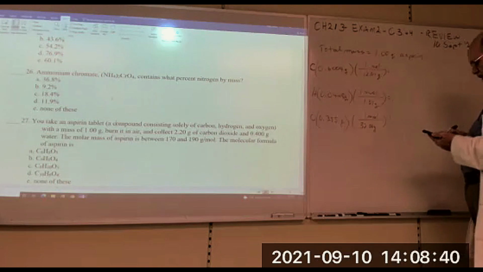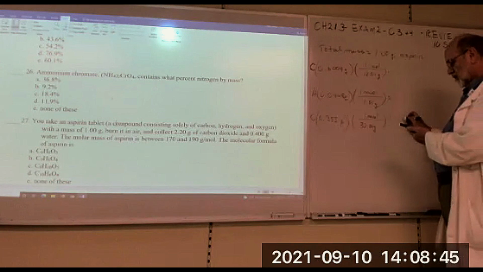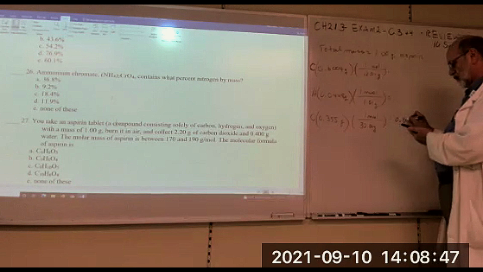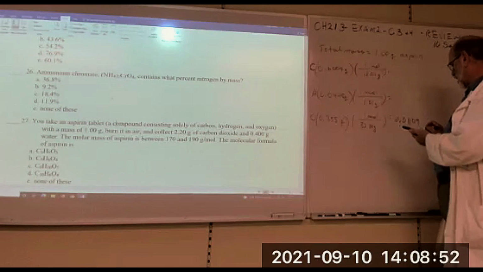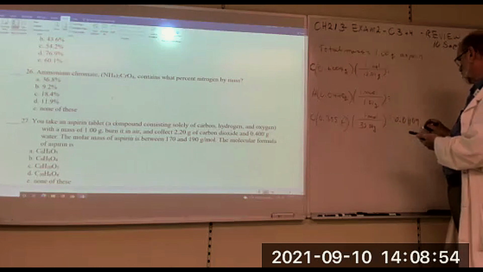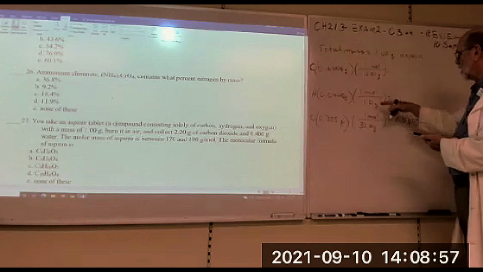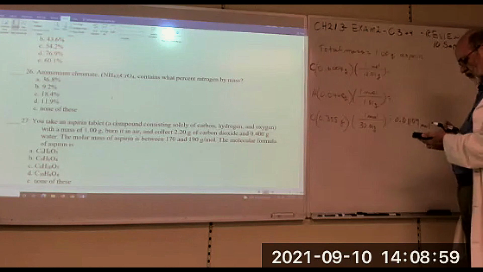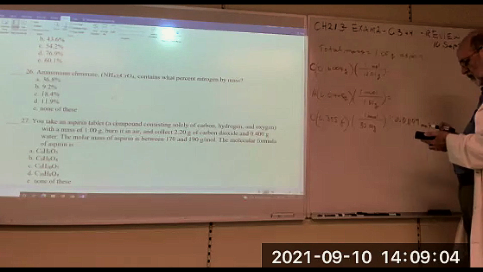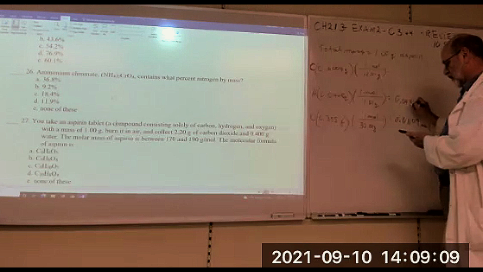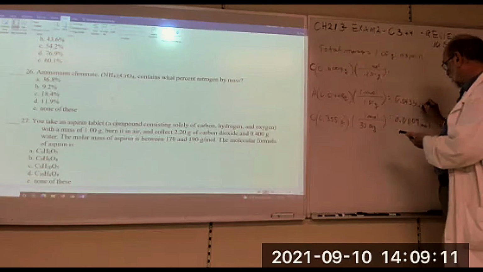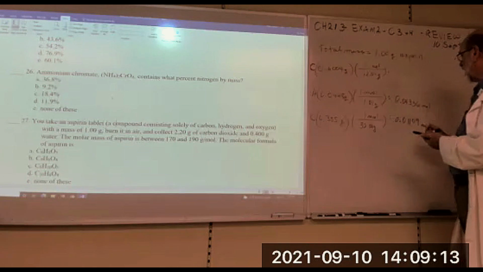I've got this one already in there, so I'll divide by 32, which is 0.01109 moles. And this one is 0.0448 divided by 1.01, which is 0.04356 moles. Hydrogen.